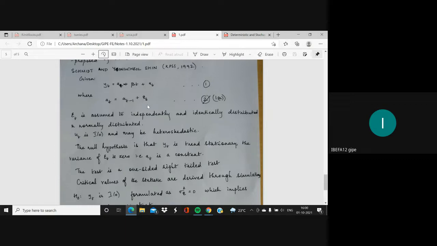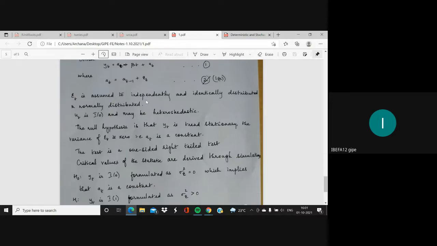So your constant term is entering the time series in the form of an additive random walk. And the error term in this random walk is assumed to be independently and identically distributed and normally distributed, so it is well behaved, similar to a white noise process.